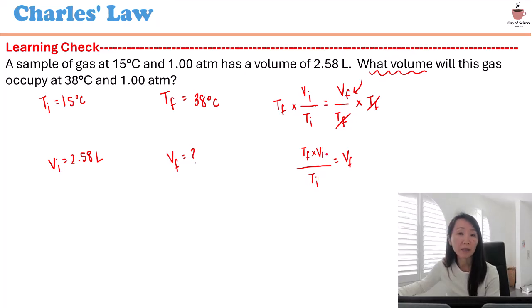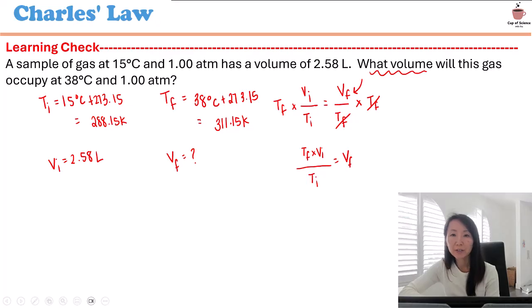Great. Now we can plug everything in, but just before you plug it in, remember when we're using the Charles law, in fact, all of the gas laws, you can't use Celsius as the temperature. You need to convert the Celsius into Kelvin, Fahrenheit also into Kelvin. So you're going to add 273.15 to both of the temperatures to get it into Kelvin. So let's go ahead and do that for the first one and second one and come back.